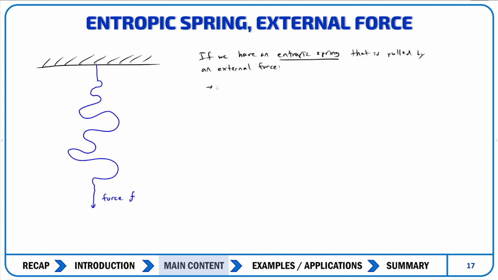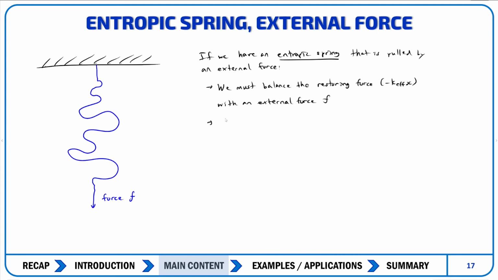Then what happens? We know that we must balance the restoring force, which is essentially negative k_eff times x, with an external force F. So this basically means we are going to apply Hooke's law to an entropic spring.